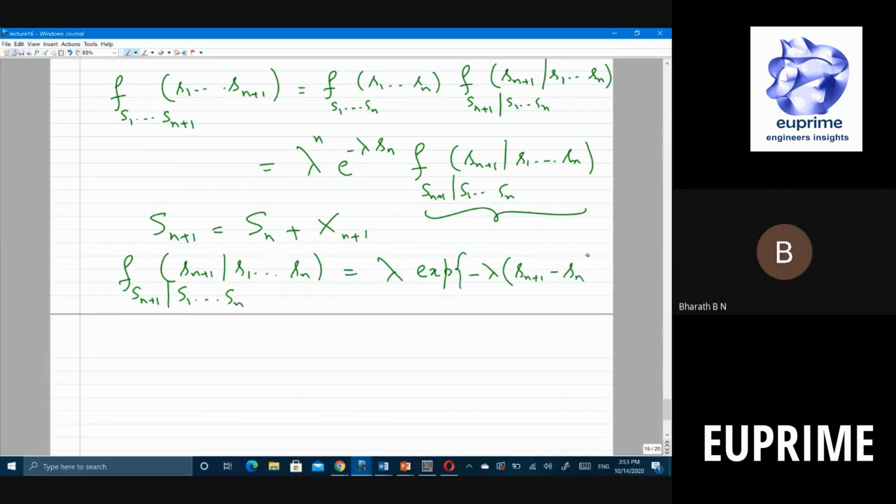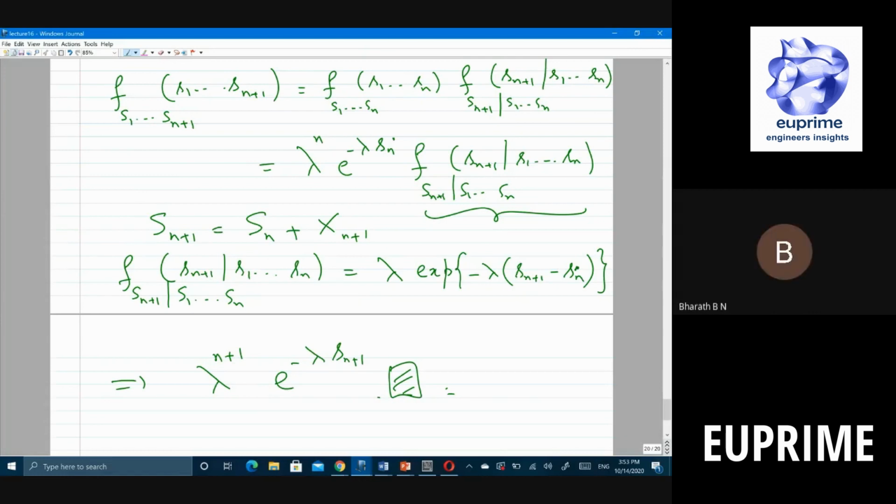Basically Xn plus 1, I can write it as Sn plus 1 minus Sn. Fine. So substitute this. So this results in lambda power n plus 1 e power minus lambda Sn, and this Sn cancels, and you have Sn plus 1. Beautiful, right? Nice result, right?